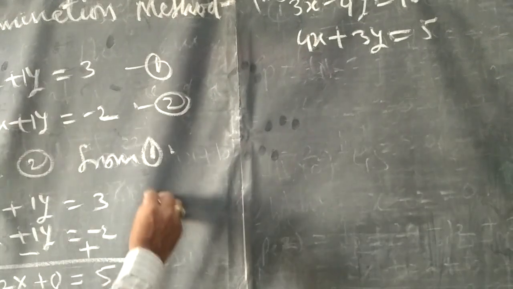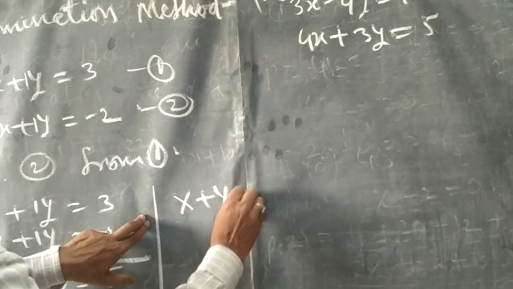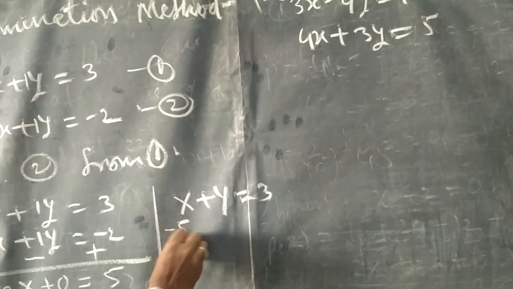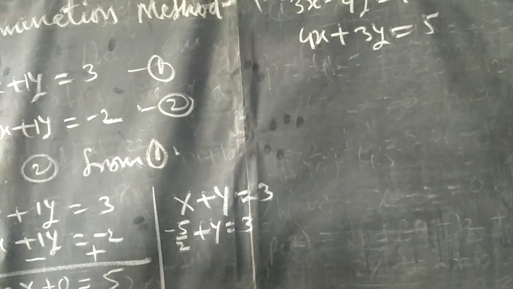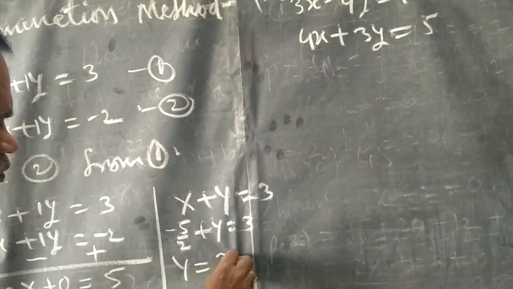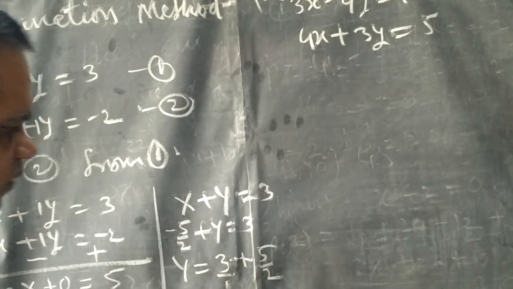Now I am taking the first equation, x plus y equal to 3. Putting the value of x: minus 5 upon 2 plus y equal to 3. So y equal to 3 plus 5 upon 2. 3 means 3 upon 1.